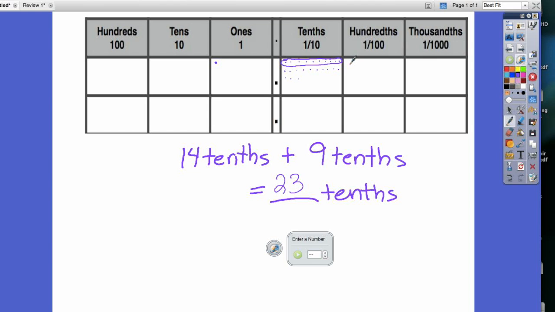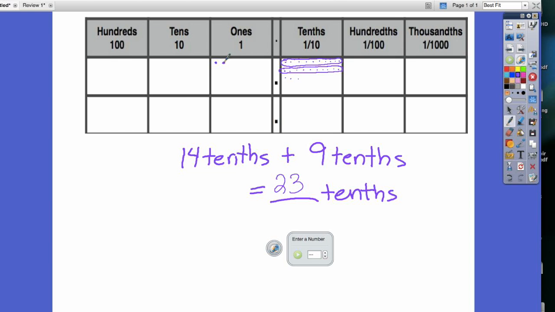Can I count to 10 again, you think? Let's see. 1, 2, 3, 4, 5, 6, 7, 8, 9, 10. I have another group of 10. So where is it going to go? It's going to go to the ones.